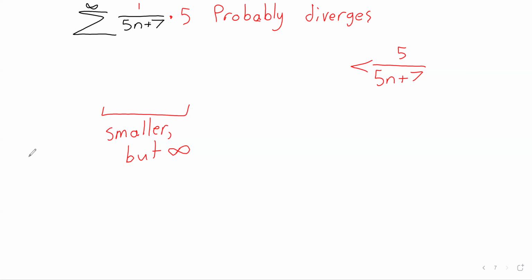So this is just converging or diverging with this. And since the details of the 5 aren't really doing anything, we could replace the 5 with a 1 if we wanted to, for example.